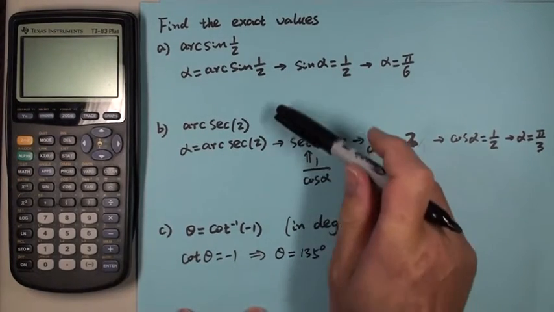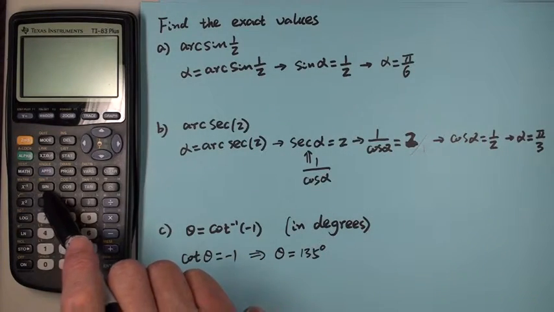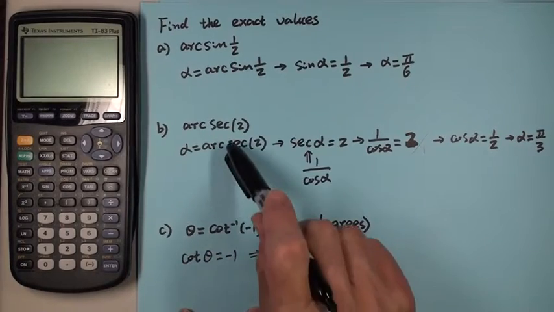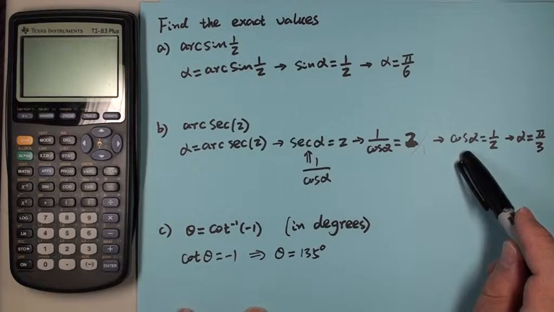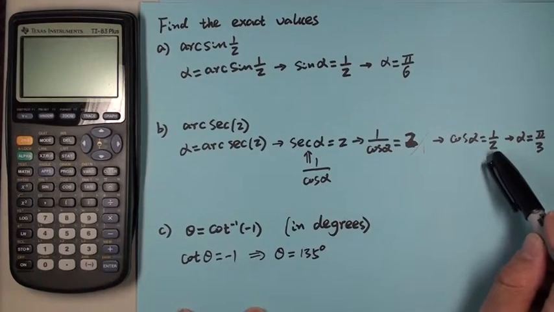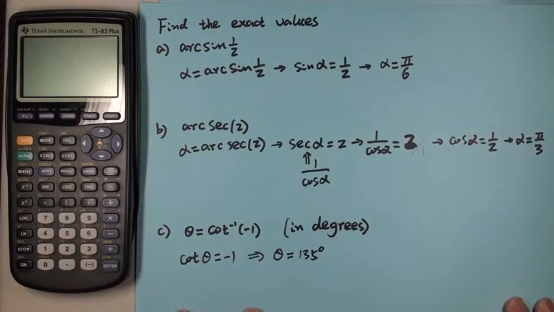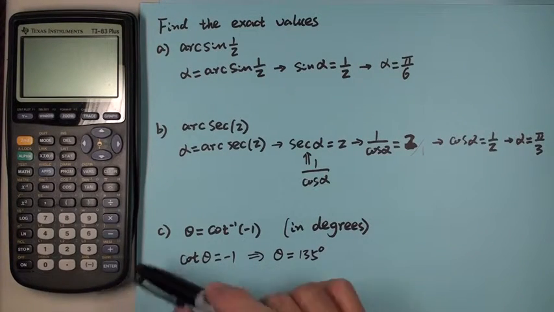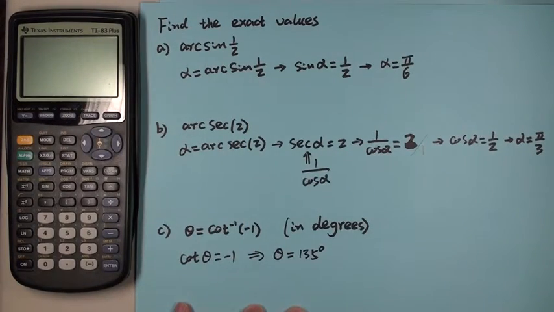And here you can use your calculator, because arcsine is actually sine inverse, but for arcsecant you cannot really do it. You see, cosine alpha is 1/2, and then arc cosine 1/2, you will have pi over 3, but you get an approximate value, not exact. So the calculator TI-83 cannot really help you find exact values.